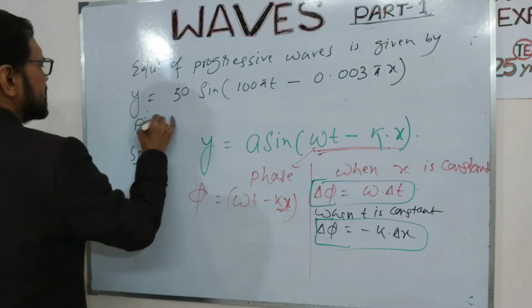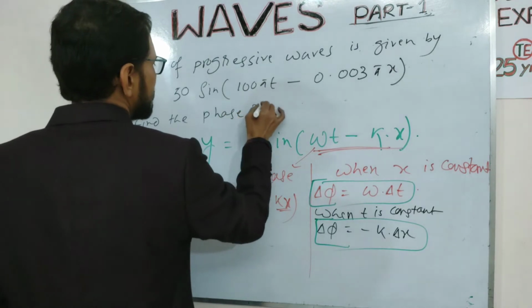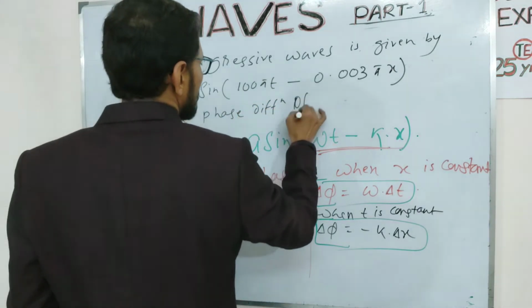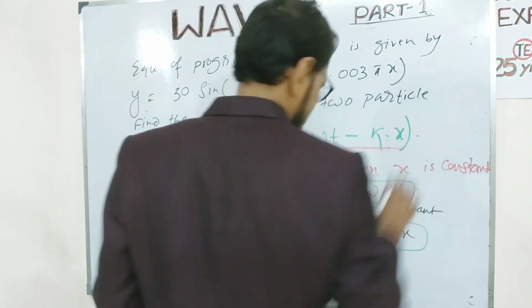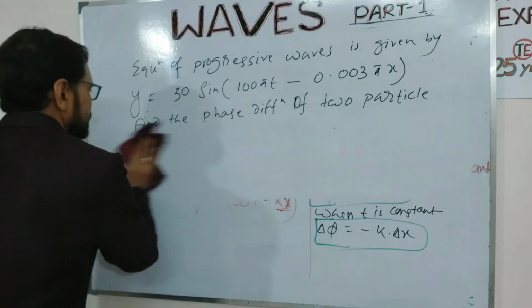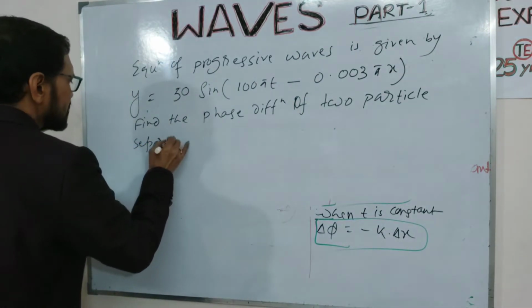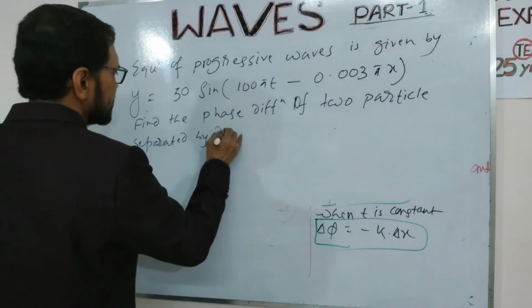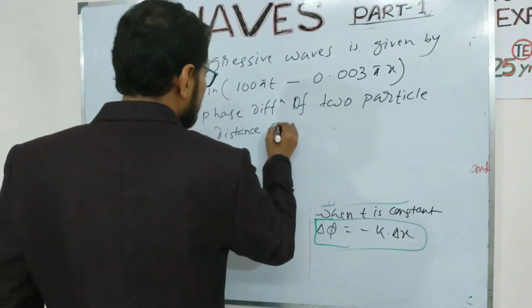Find the phase difference of two particles separated by a distance of 50 meters.